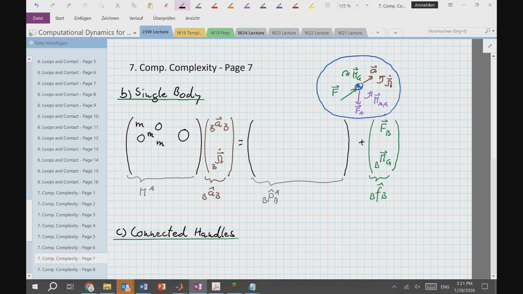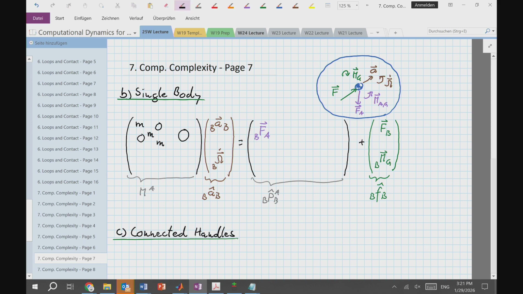The rotational motion is not going to influence the linear motion. And then on the right-hand side, I have my active forces, which are assumed to act on the center of gravity. And I have here my external force F. If you multiply this out, your first row is going to read m times a equals Fa plus Fb. Simple equation of translational motion.